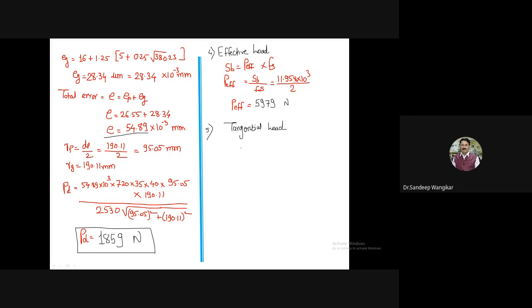So tangential load I will say P effective is equal to CS PT plus PD. This is the formula for spur gear.